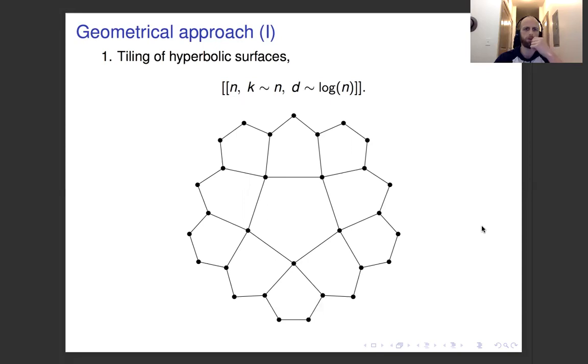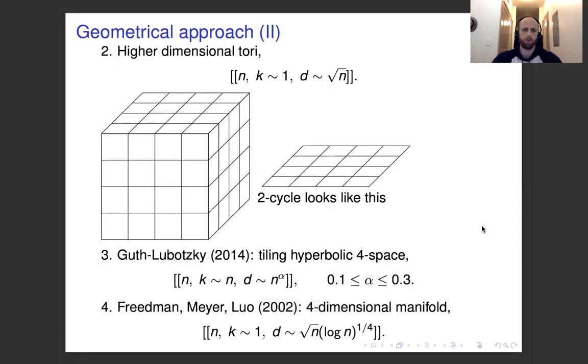So instead of the torus, one can look at hyperbolic surfaces. We see that the dimension grows to be linear, but the distance deteriorates to be of logarithmic size. Another approach is to try and take higher dimensional tori, but here, although the constant improves, asymptotically you don't really break the square root n barrier in the distance.